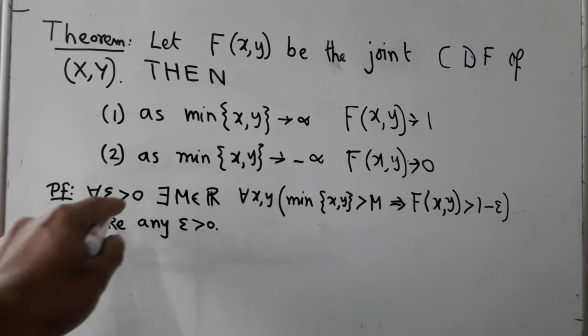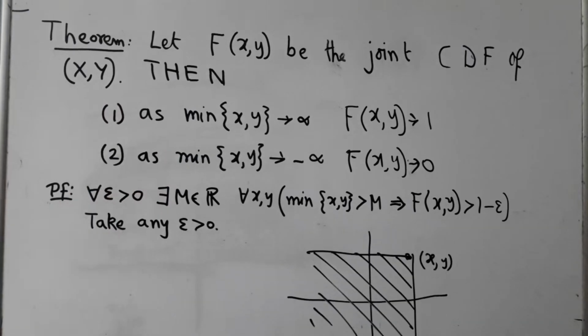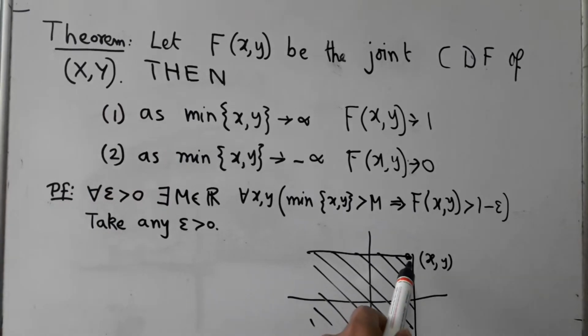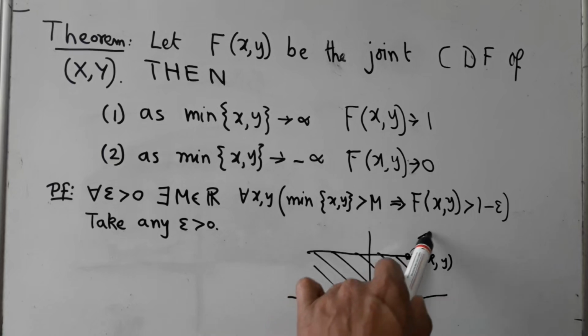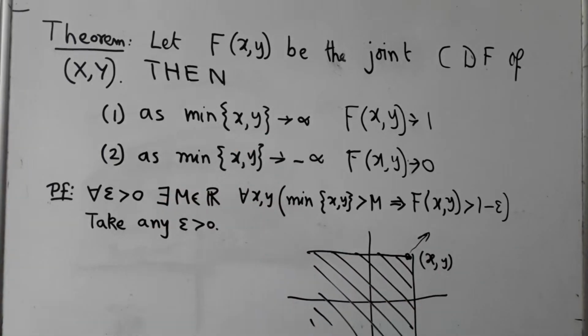You start by taking any epsilon positive. The main idea behind the proof is that if you are considering capital F at x, y, you are considering the probability of this infinite rectangle, and as the minimum of x, y goes towards infinity, this rectangle is going to cover the entire plane, so the probability must go towards 1.